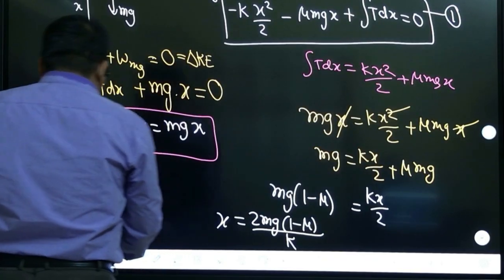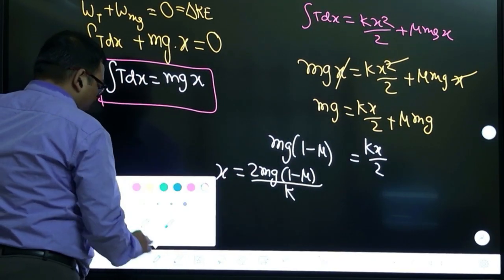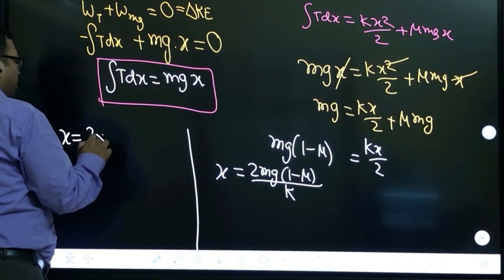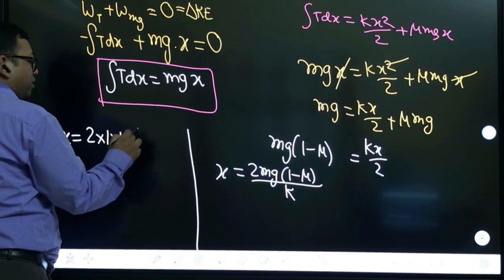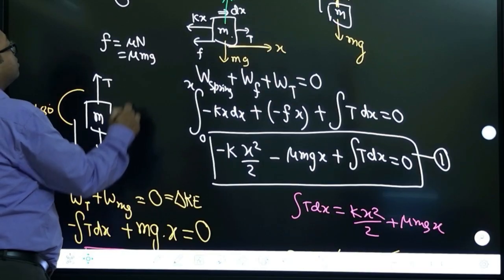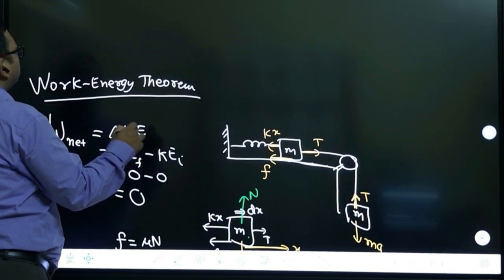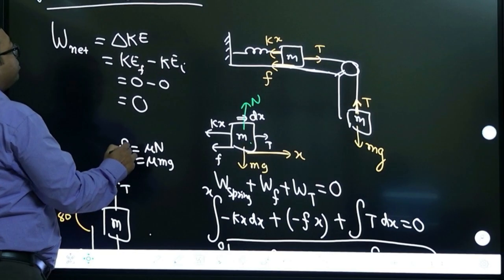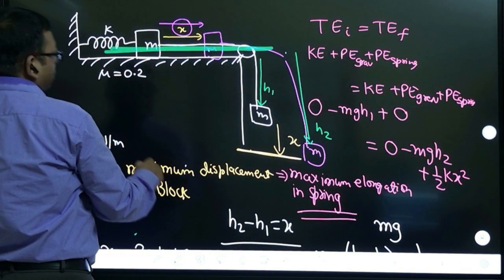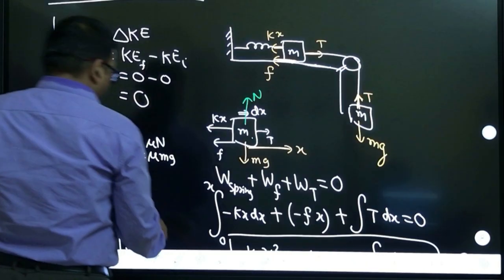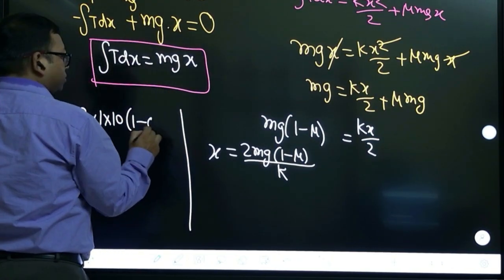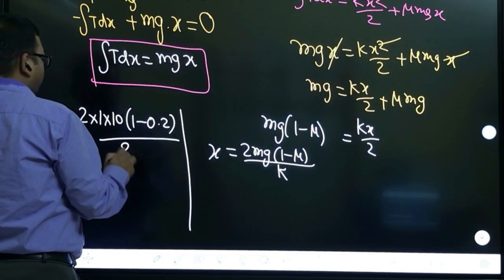Now let us substitute the values and check out the answer. 2 times mass was 1, g let us take 10, 1 minus mu was how much? 0.2, it was. Okay, so substitute that, 0.2, k was 800, right?